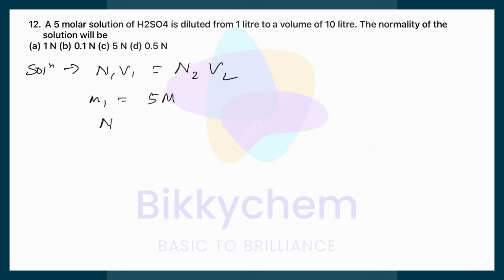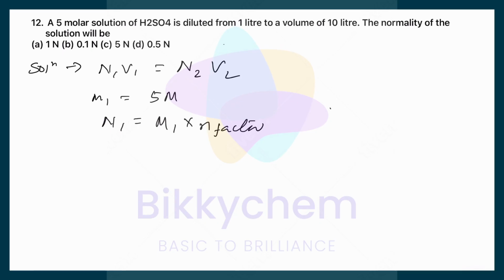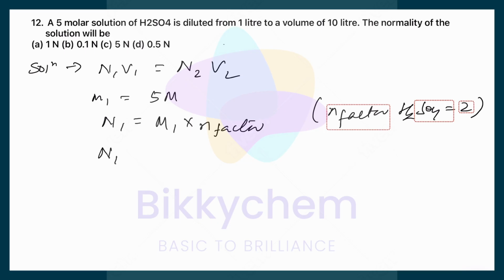So N1 will be M into n factor. So you know that n factor for H2SO4 will be 2. So N1 is equals to 5 into 2, which is equals to 10N.